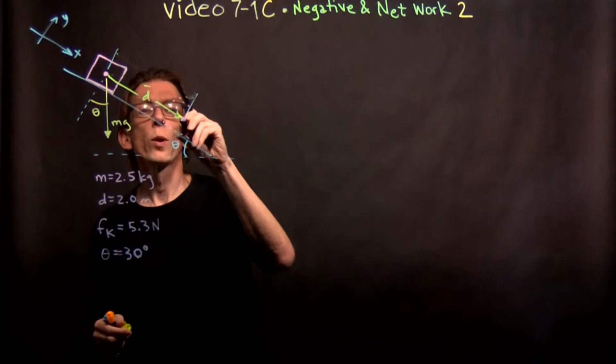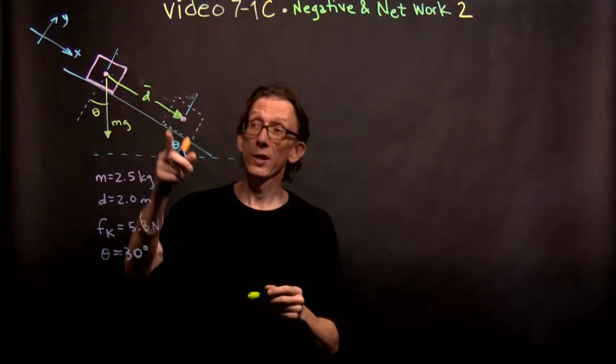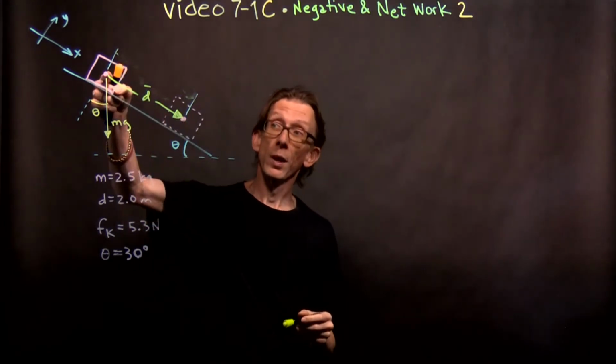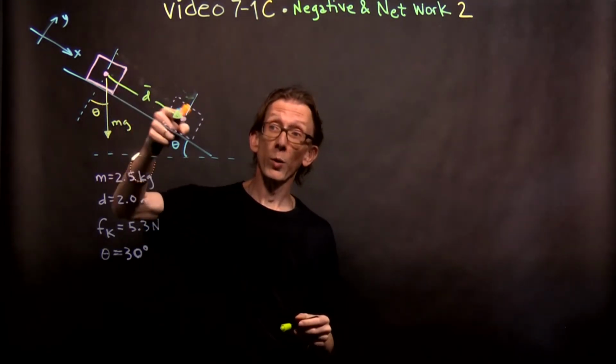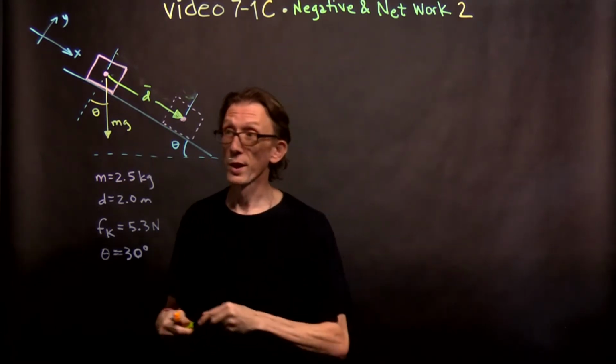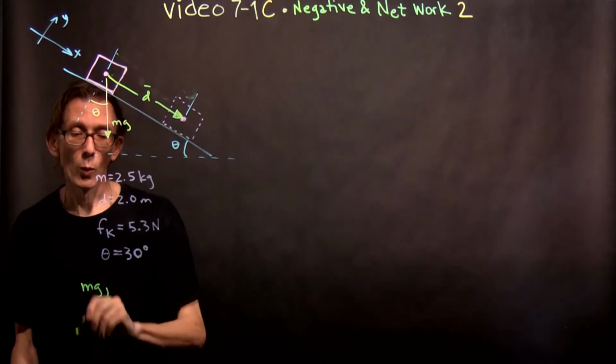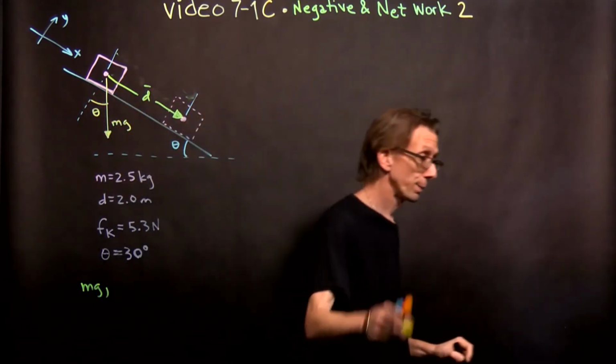Displacement's not a force, that's just the arrow that goes from where it started to where it stopped. So let's list our forces here. mg is one of them, that is the weight.